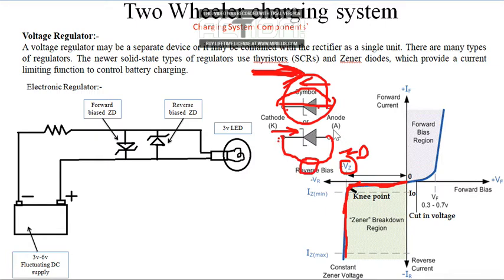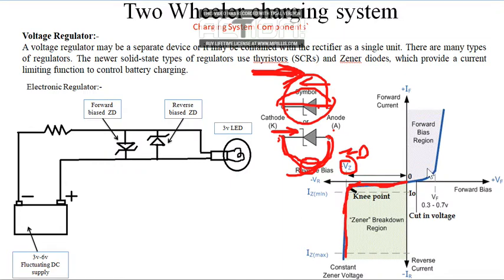When the voltage across these two terminals reaches the Zener voltage, the current value may increase, but the voltage remains constant. It is shown in this VI characteristic.